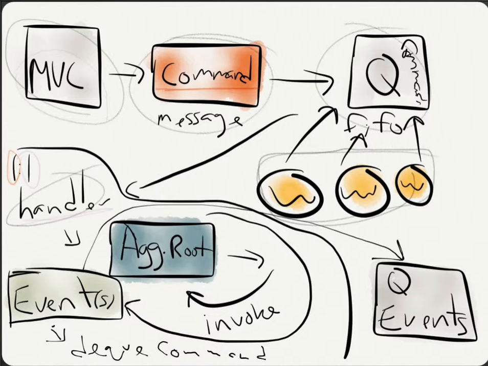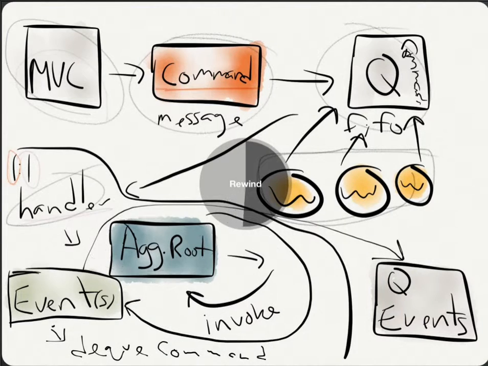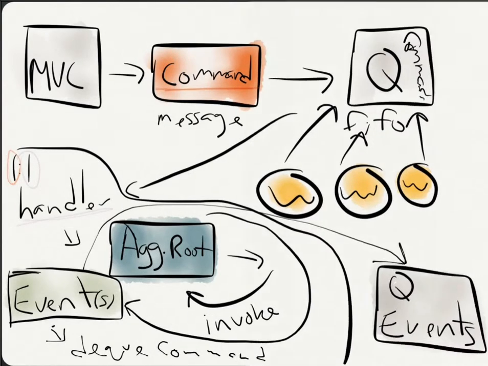The command handler will go find an aggregate root. It will invoke something on the aggregate root. This will result in events, and the events will go into the event queue. This is the queue for commands. This is the queue for events. All right, that's the command side, and we resulted in events.